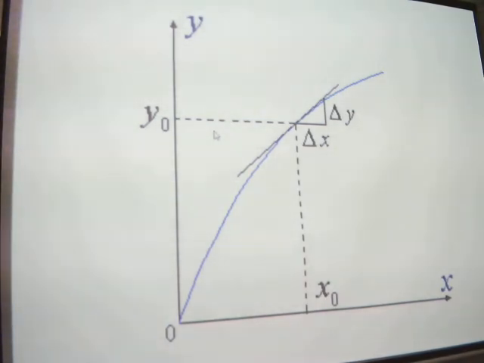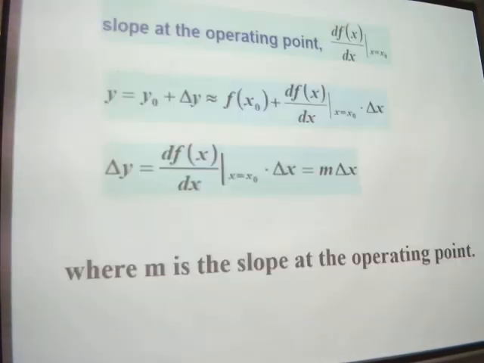So delta y equal m delta x. This m is also the slope of the line. So delta y equal m delta x.